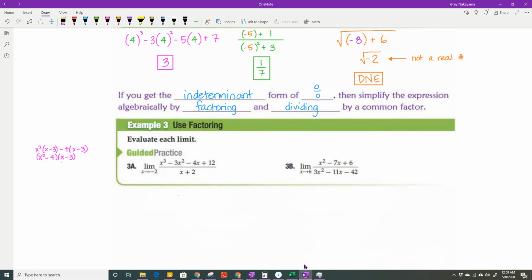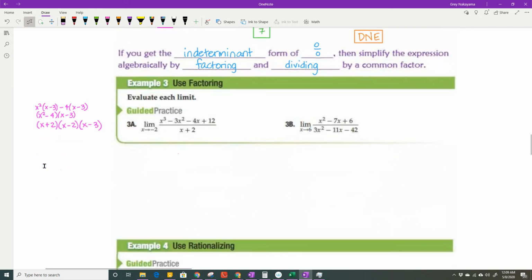And then x squared minus 4 is x plus 2, x minus 2. So this top up here factors to this. And when I factor that, you now have a common factor of x plus 2 on the top and the bottom.